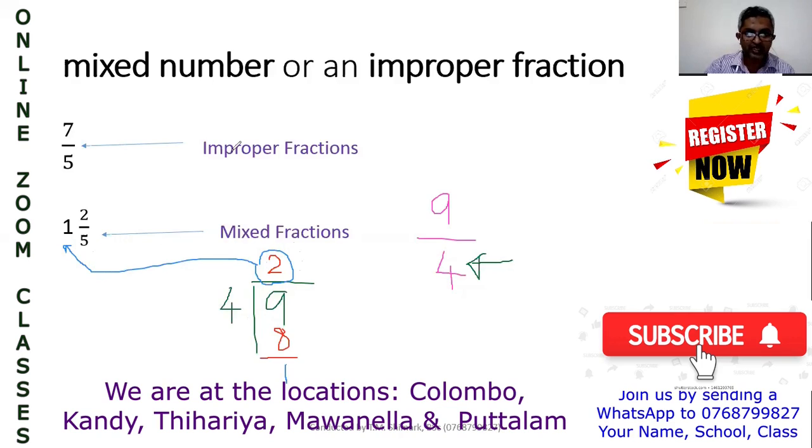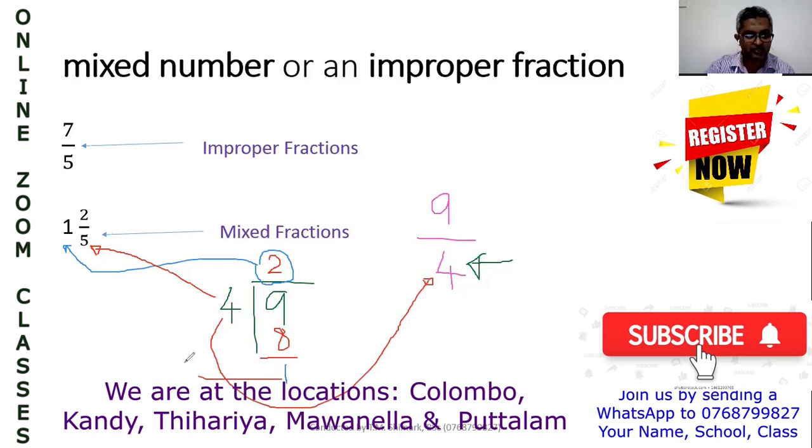The number that you use to divide will be in the fraction that is remaining, and that is the denominator. So it's a denominator there, and the remaining one is this one.